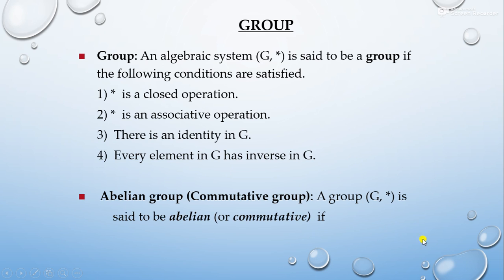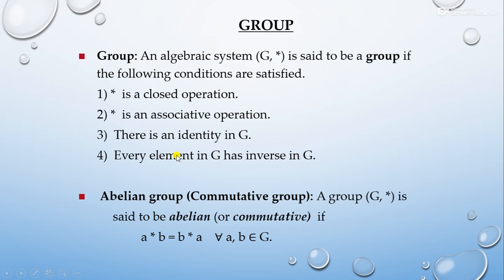A group is said to be abelian if a star b, or a binary operation b, is equal to b binary operation a for all a, b belonging to G. So if it holds this property, a star b is equal to b star a, this commutative property, then it is an abelian group.